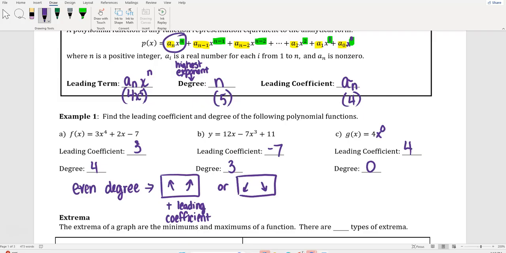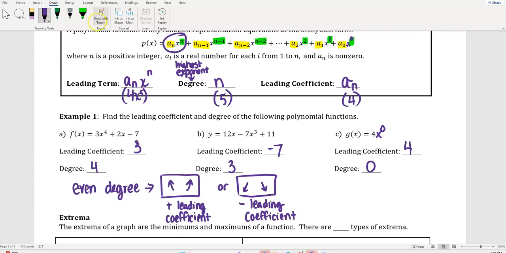And if I have a negative leading coefficient, then both ends of the graph go down. If I have odd degree, then my end behavior is going to be opposite from each other, and we're going to talk about that in more detail later, so I'm just going to leave it at this. This piece of information is what we need for this section right here.